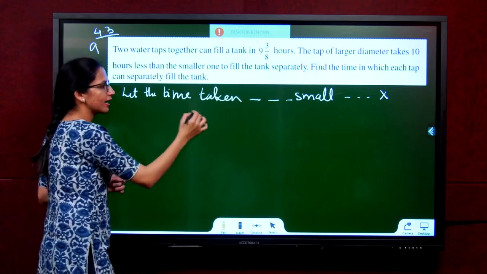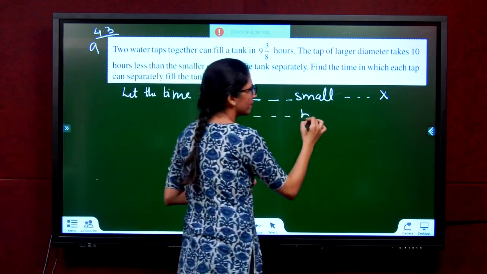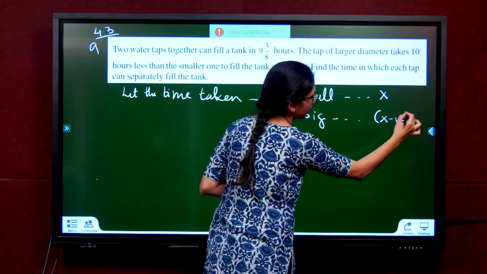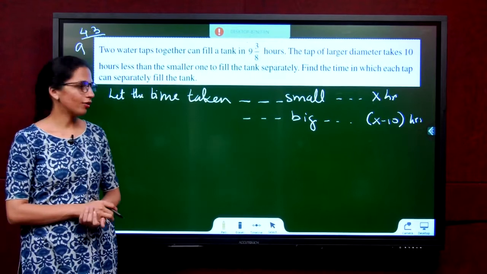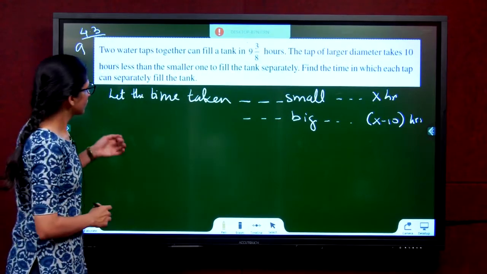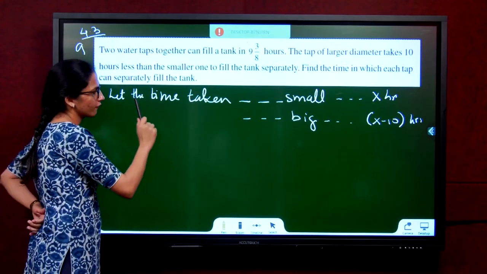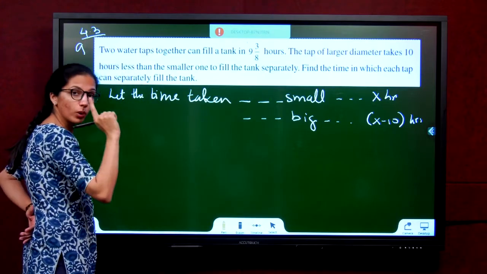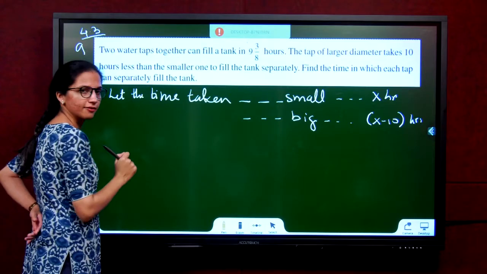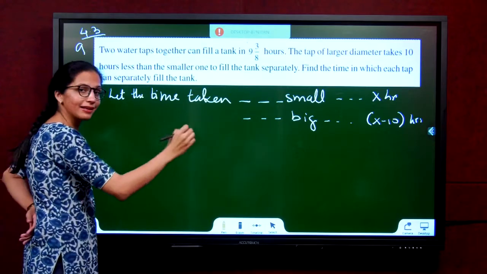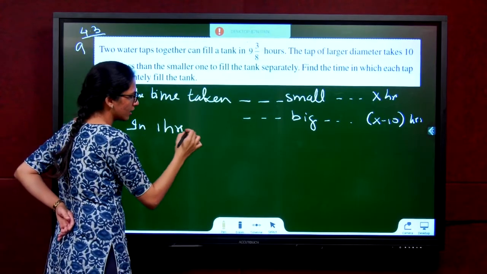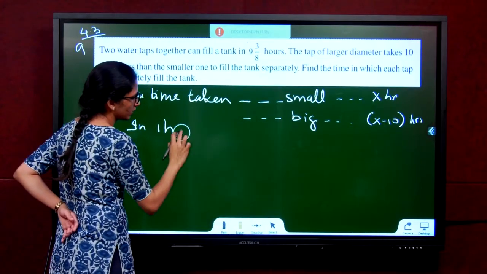Then time taken by the big tap is X minus 10 hours. I hope you understand this. So now, if the small tap takes X hours to fill it, it's filling one tank in X hours. One tank in X hours. So in 1 hour, how much will it fill?